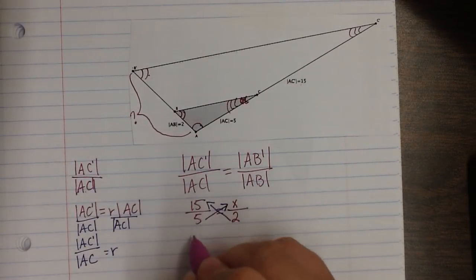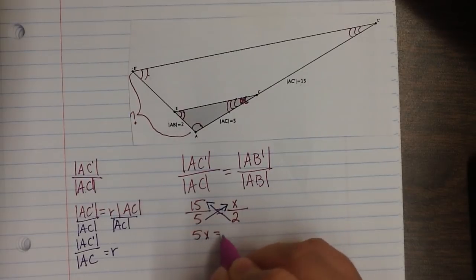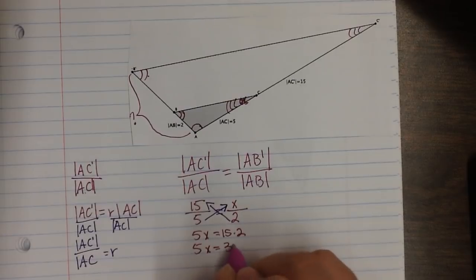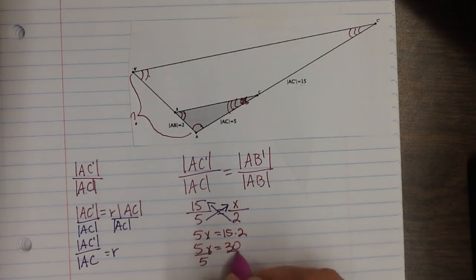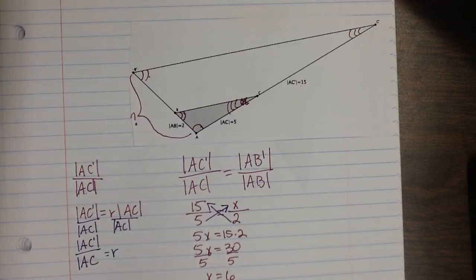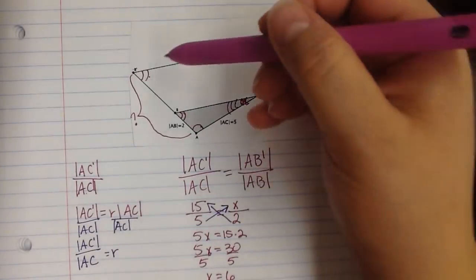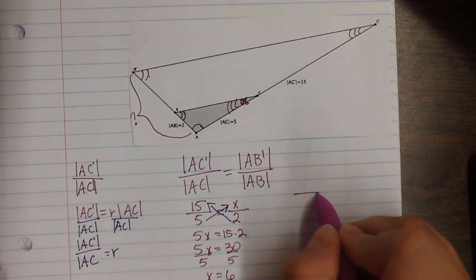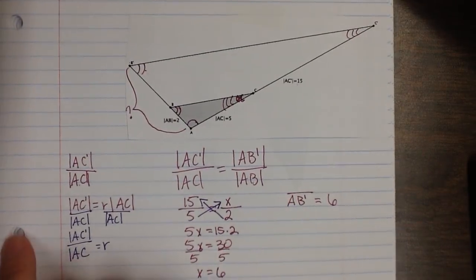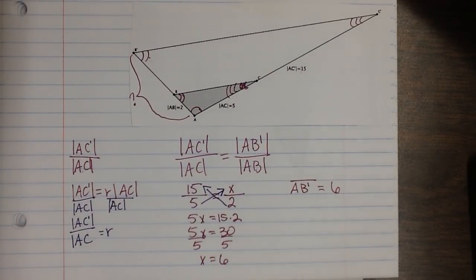So 5 times x equals 15 times 2. So 5x equals 30. Divide both sides by 5. X equals 6. So the question was, what is the length of AB? So the length from A to B prime is 6, whatever it was.